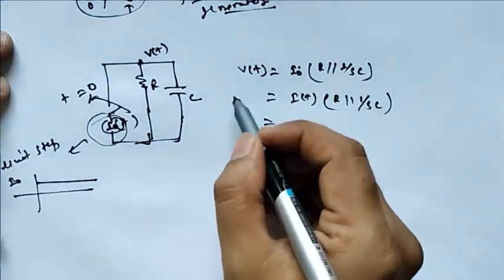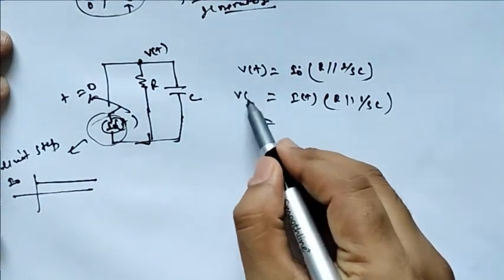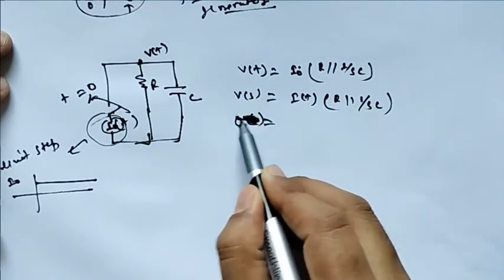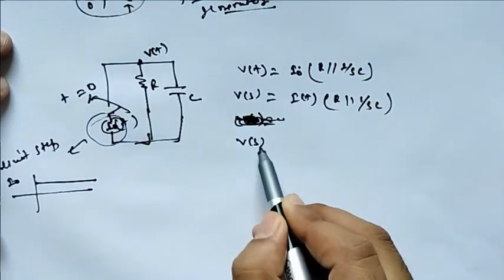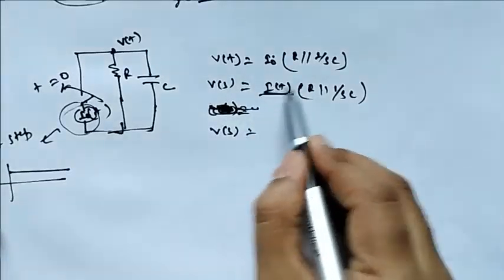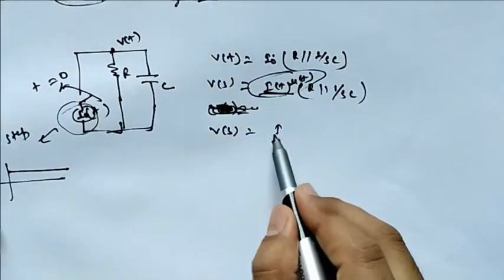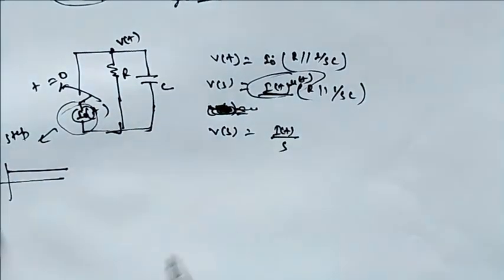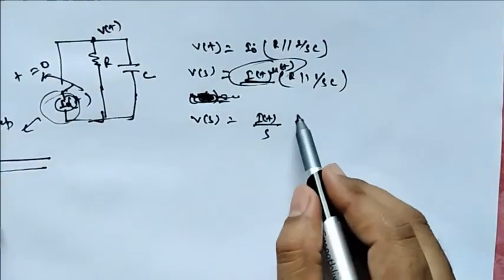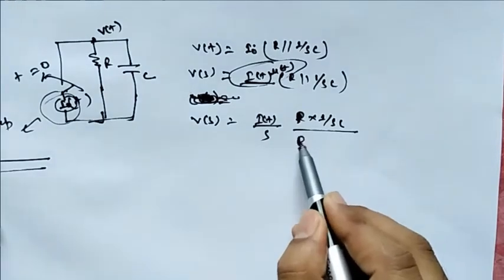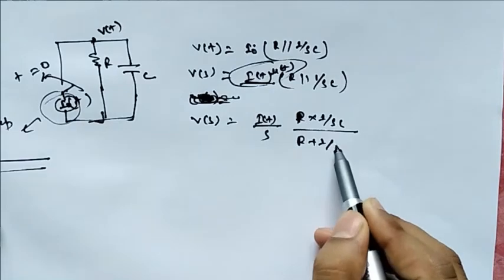Now if you take the Laplace transform of this, this will become V of S, equal to I naught u of t, because this is the unit step, and this will become I naught by S. And the parallel combination is R into 1 by Sc by R plus 1 by Sc.